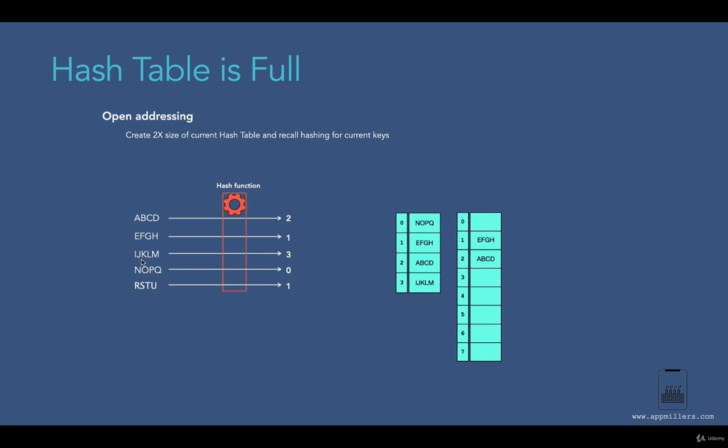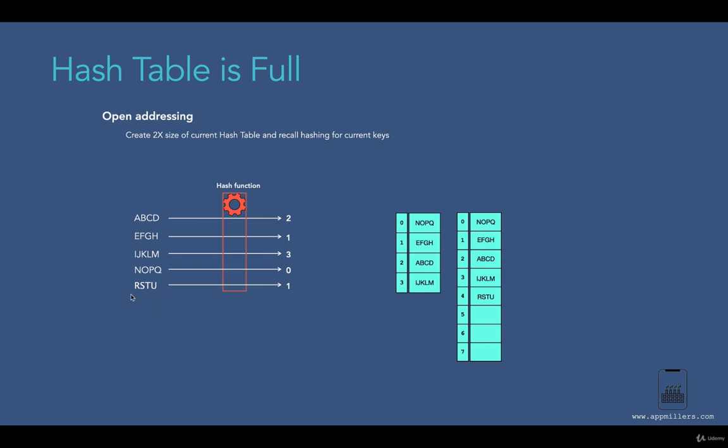Then for IJKLMN, it's returning 3, and we are inserting at the index of 3. Then for NOPQ, the index is 0, so we are inserting at the index of 0. At the end, we are calling it for RSTU, and it's returning 1, and we are inserting at the next empty cell, in the case of open addressing. Now we are inserting at the index of 4.